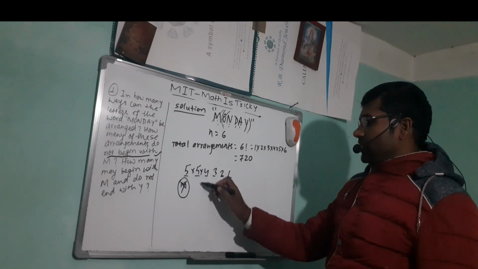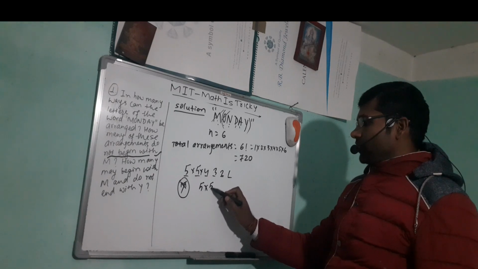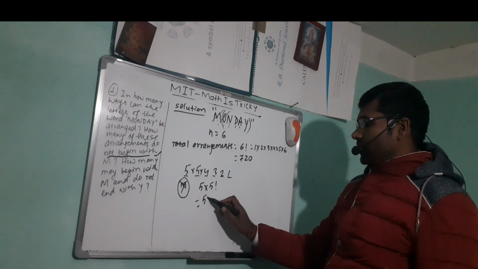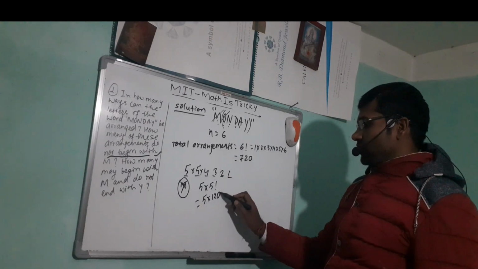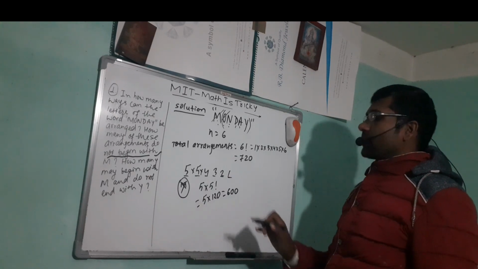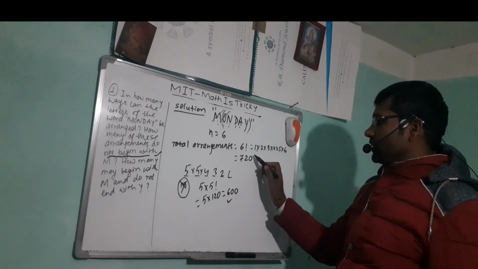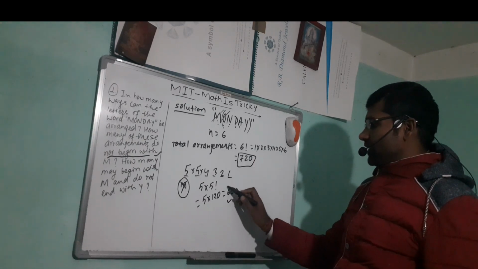Or simply we can write 5 into 5 factorial, and that is 5 into 120, which is 600. So the answer will be 600. Hope you are understanding this.